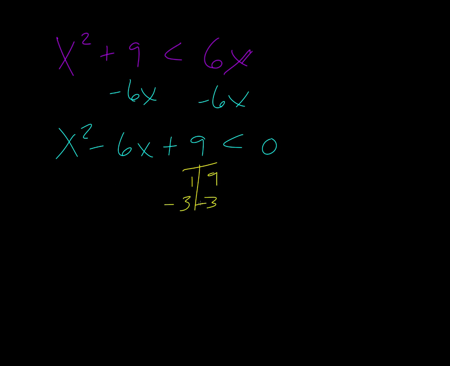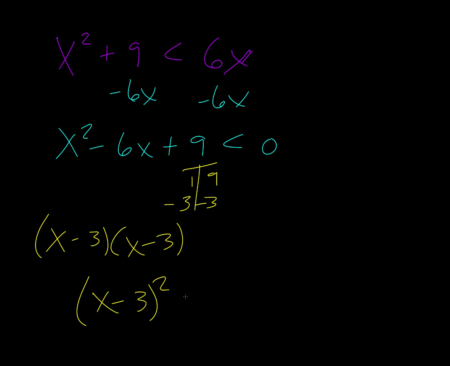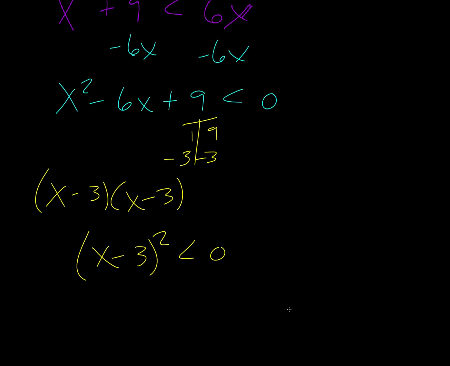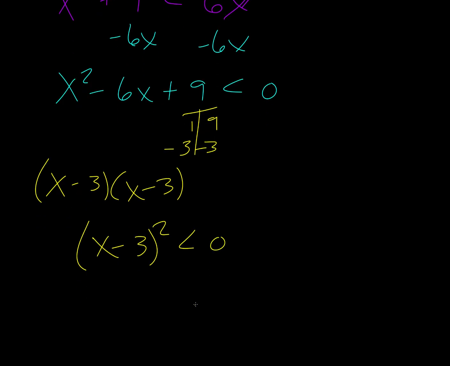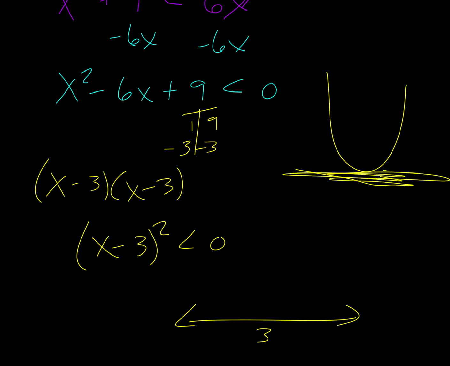And so if we make both those negative, we can get x minus 3, or we could just write it as x minus 3 quantity squared. And then we're still less than 0. Okay, so our root occurs at 3. And since our original is a positive, we know it's going to be a parabola like this that just kisses the x-axis. And so we know that it is positive and positive.